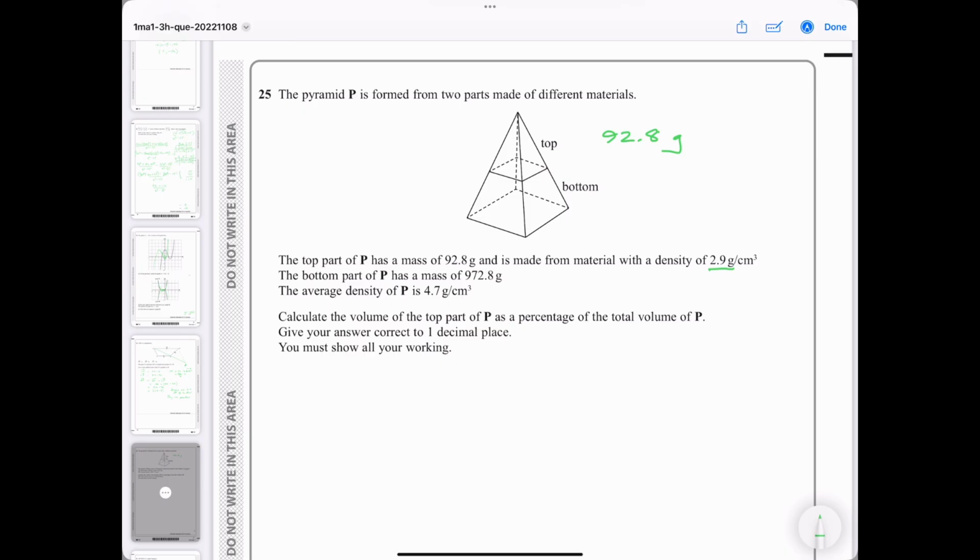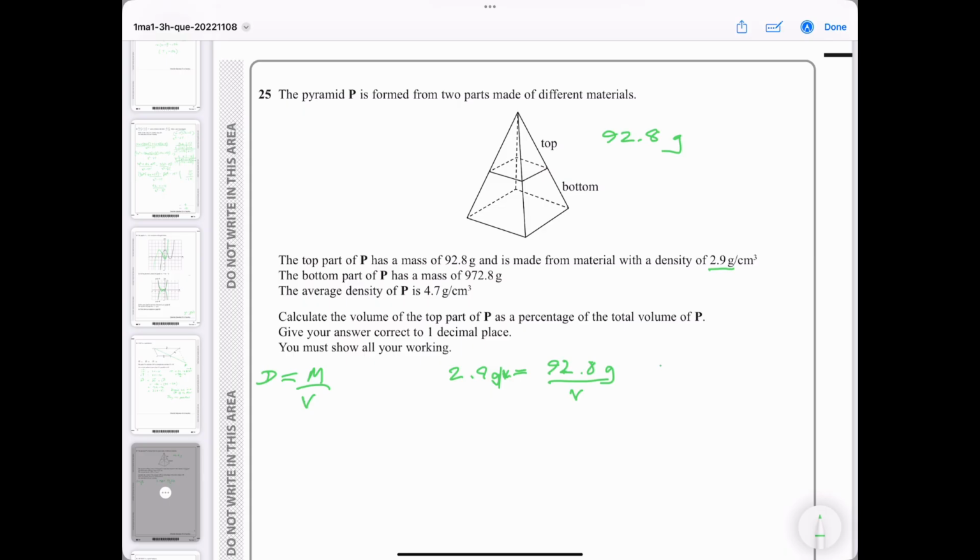Right, so we can do the volume by going density. So density equals mass over volume. So we've got 2.9 grams equals mass, which is 92.8 grams over the volume.